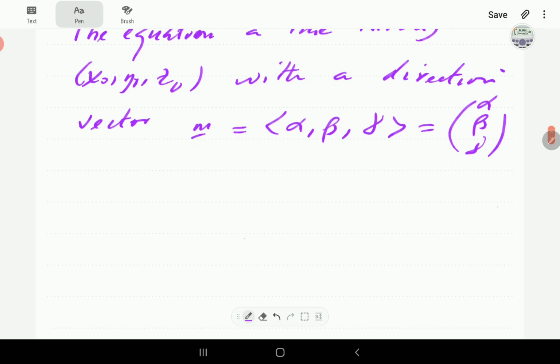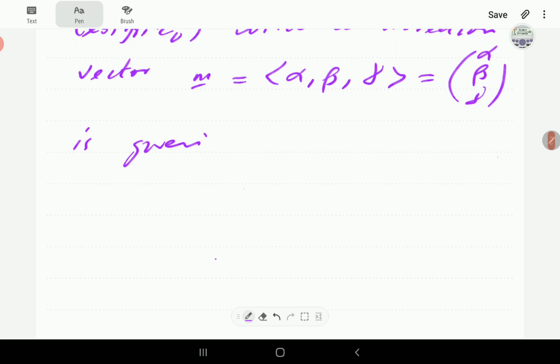So the vector equation is going to be given by exactly the same equation that we established for a straight line in 2D.